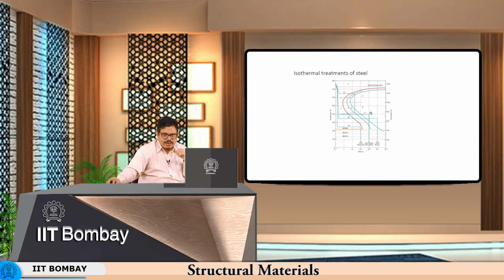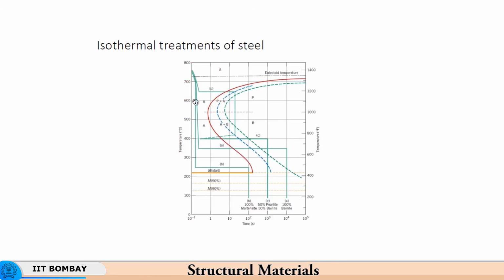Okay. And so if you cool it up to this and hold it, you get full bainite transformation. Now, there is another complicated situation where you hold it partly, then there is a partial transformation to perlite.